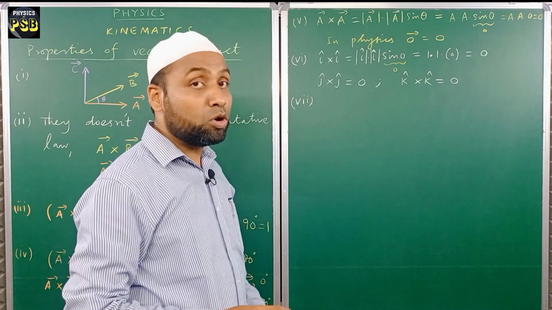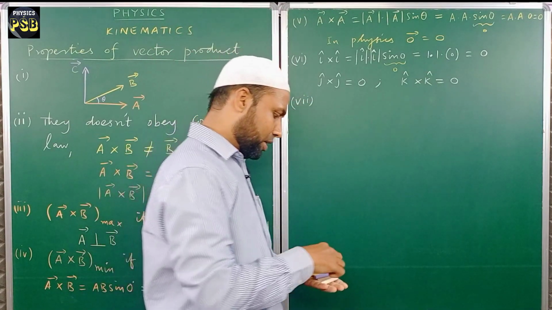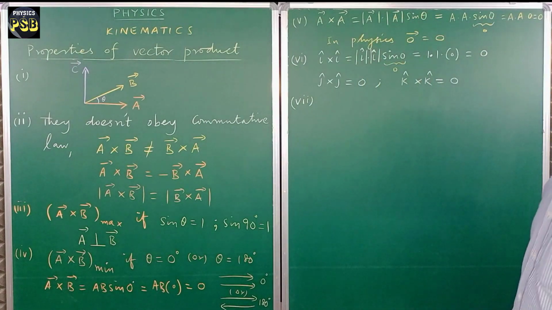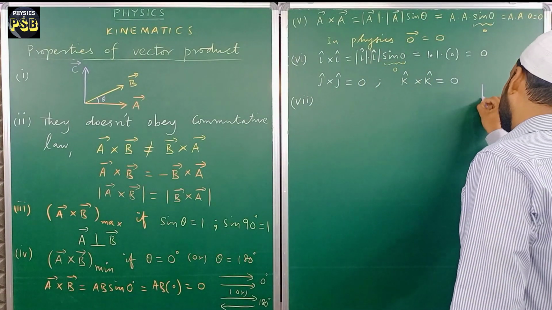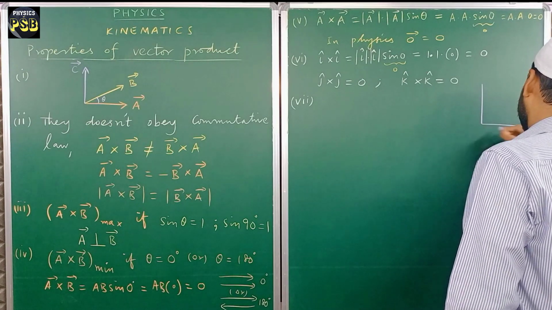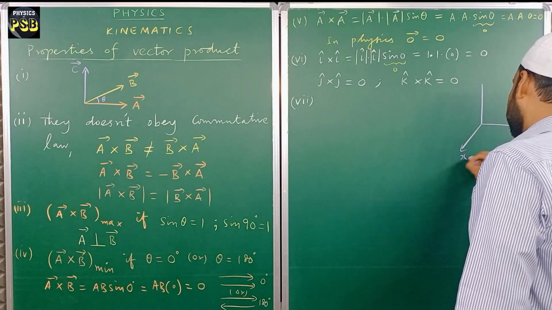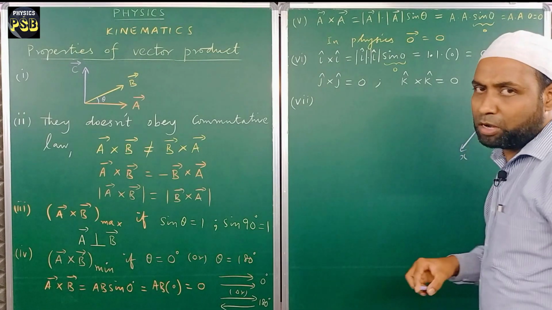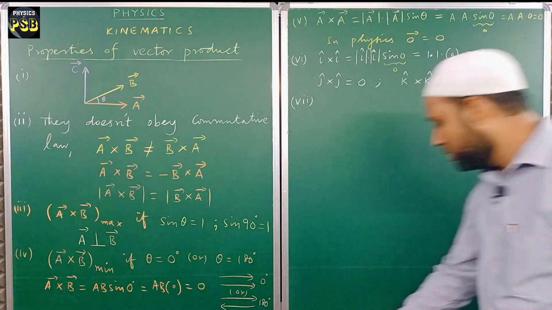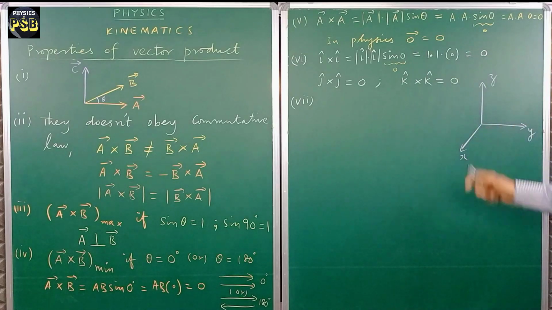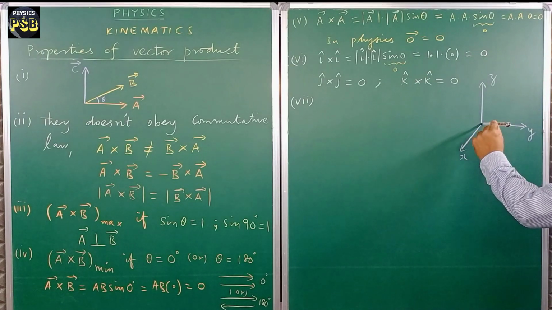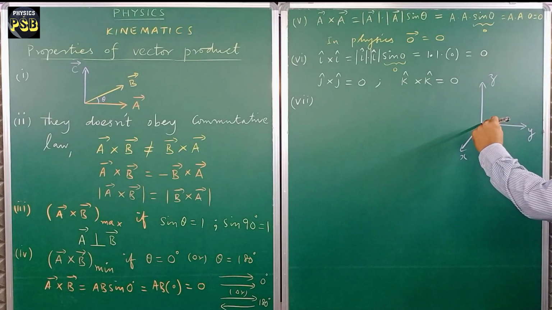Now, what about orthogonal vectors? What are orthogonal vectors? Unit vectors which act perpendicular to each other are referred to as orthogonal vectors. Suppose I have three axes, x-axis, y-axis and z-axis, which act perpendicular to each other. Already I have told you, this cross line actually represents a line which projects outward from the surface of the board.